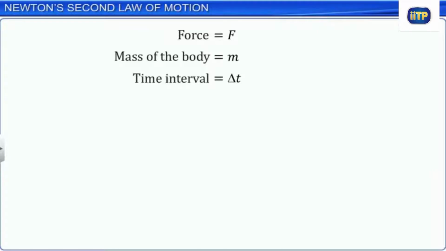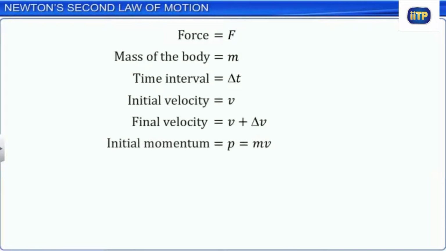This results in change of velocity of the body from initial velocity v to final velocity v plus delta v. Here, initial momentum p is the product of mass m and initial velocity v, and final momentum p plus delta p is equal to the product of m and final velocity v plus delta v.